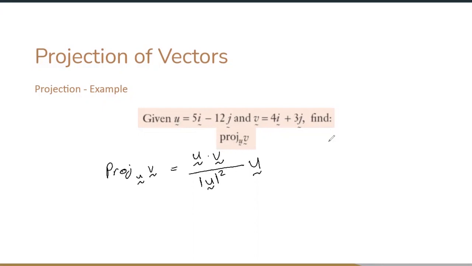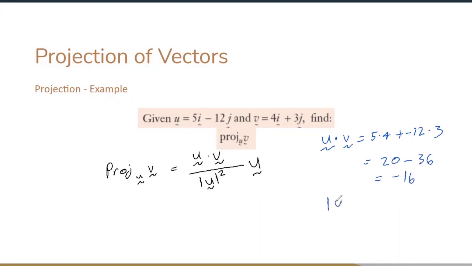So we want the dot product of the two, and that is given by the multiplication of the components, and then we add them. So that's going to be 5 times 4 plus minus 12 times 3. So this becomes 20 minus 36, which is equal to minus 16. And then we're going to find the magnitude of u.